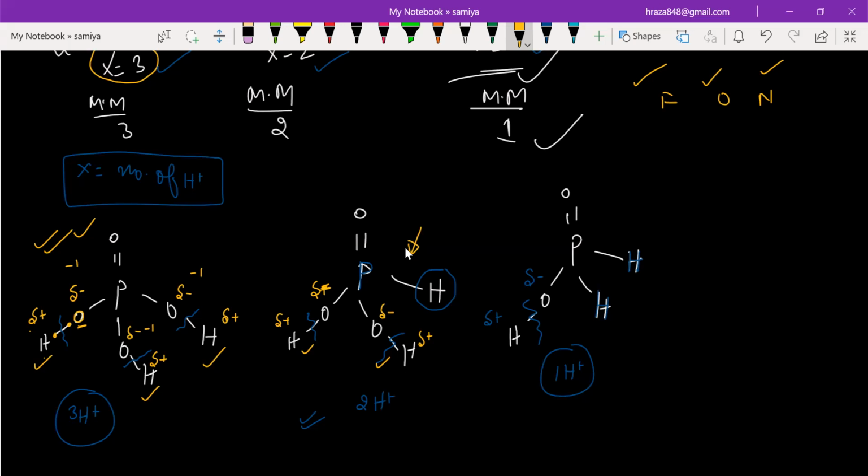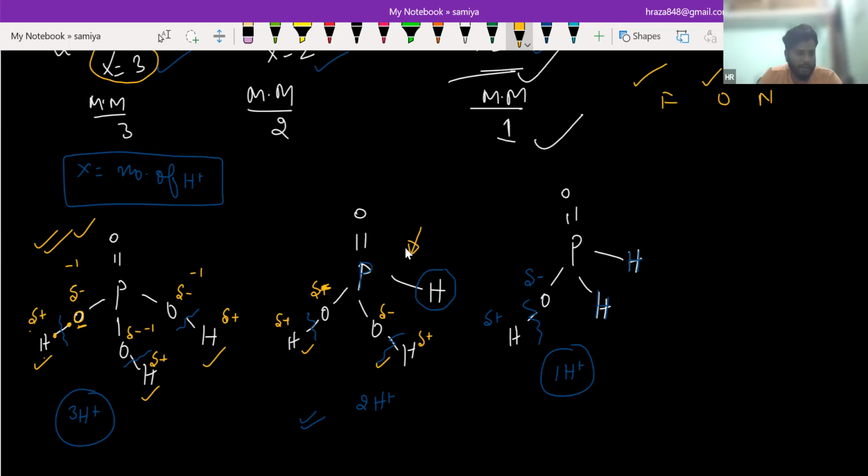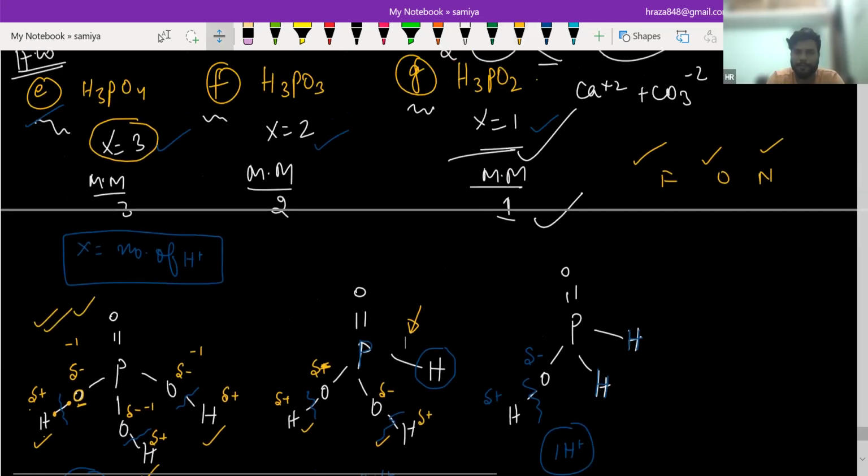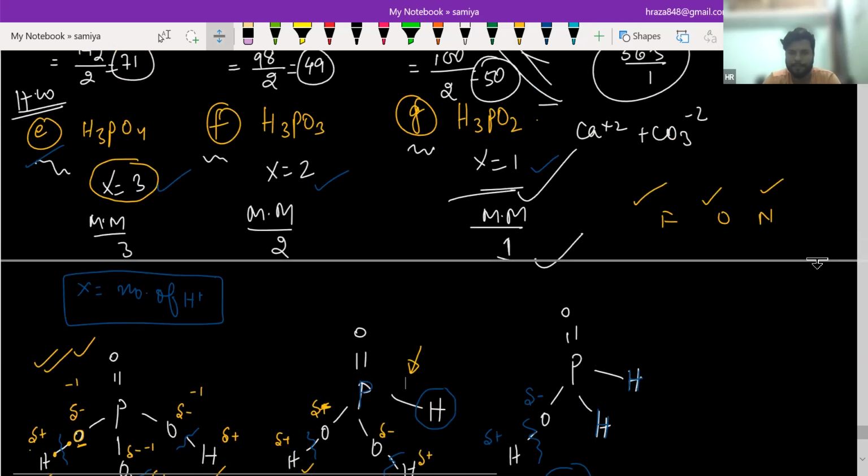Okay, please write the structure and then we will move to the next, number of gram equivalent. Sir, can you scroll a little bit up? Like this. Yes. Okay.